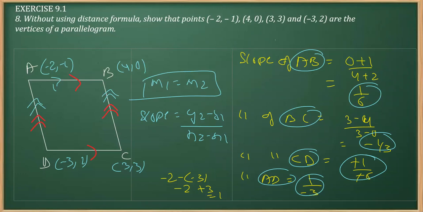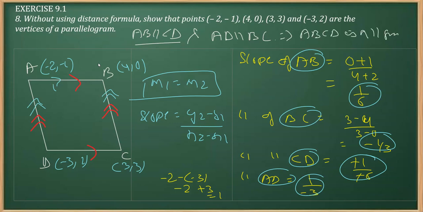So the concluding point is that since their slopes are equal, AB is parallel to CD and AD is parallel to BC. Therefore, ABCD is a parallelogram. The reason is, if two pairs of opposite sides of a quadrilateral are parallel, then it becomes a parallelogram.